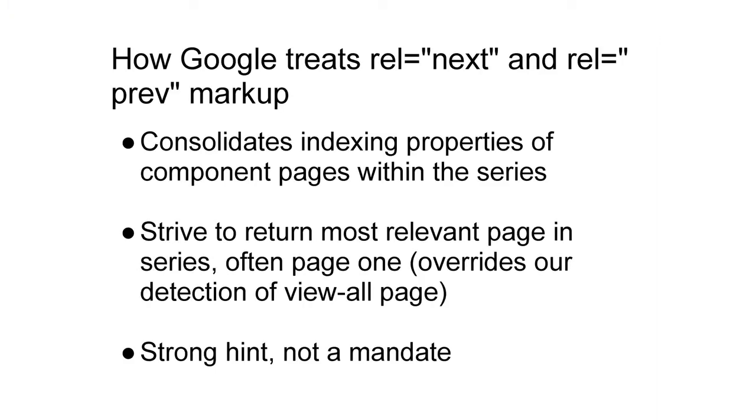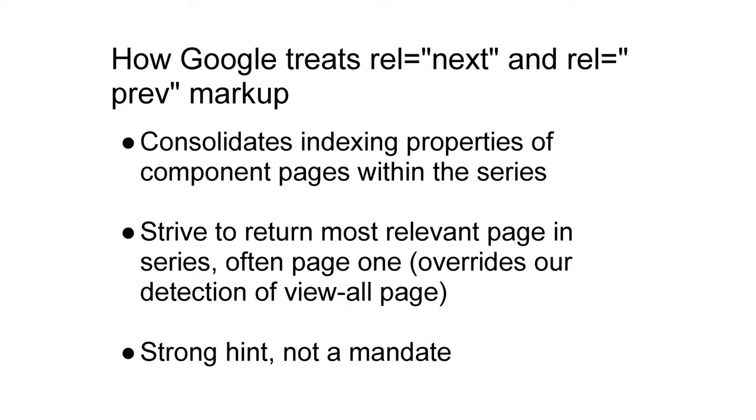So let me explain some ways that rel next and rel prev work. With rel next and rel prev, much like you see with something like rel canonical, we'll actually consolidate indexing properties from the component pages of the series. And in addition, unlike rel canonical that only shows the View All page in search results, with rel next and rel prev, we're going to override that behavior and send users to only one of the component pages.